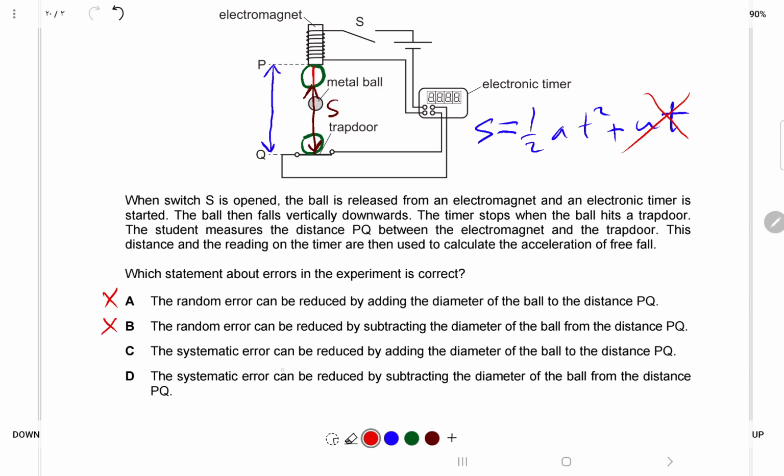Now the systematic error, this is error due to the system itself. So here you have to focus on C and D. The systematic error can be reduced by adding the diameter of the ball to the distance PQ.